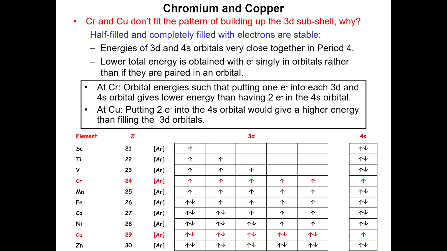So this is stable. These two elements are different from the others. The reason is that half filled and completely filled with electrons are stable, so they fill the electrons this way.